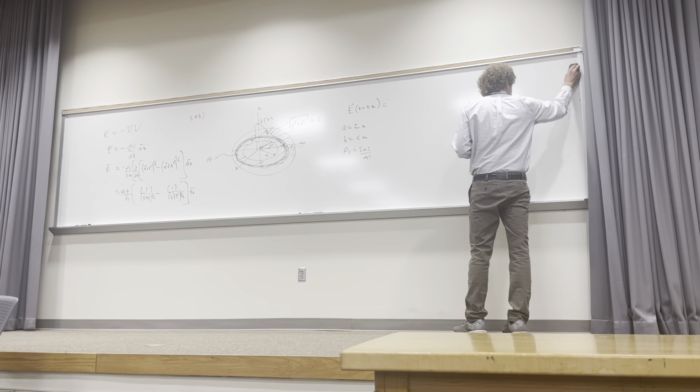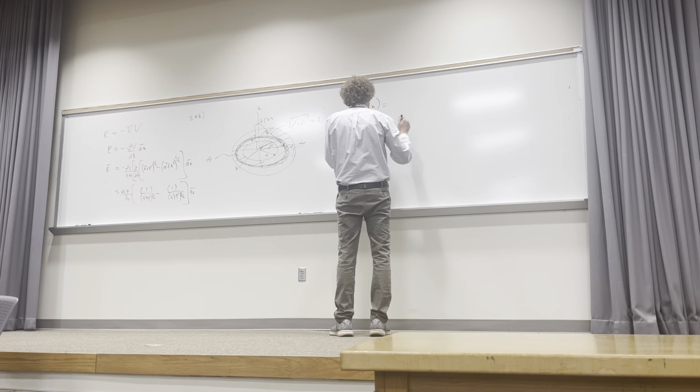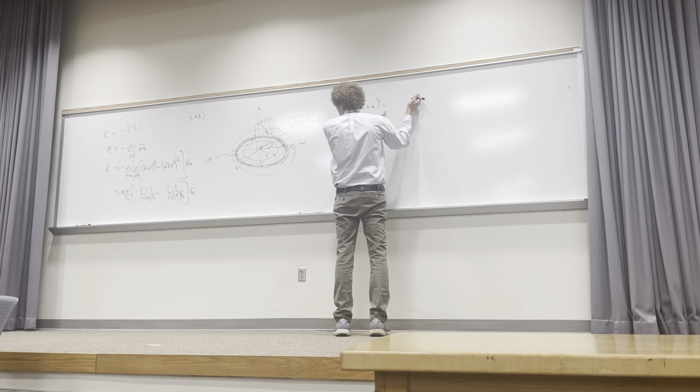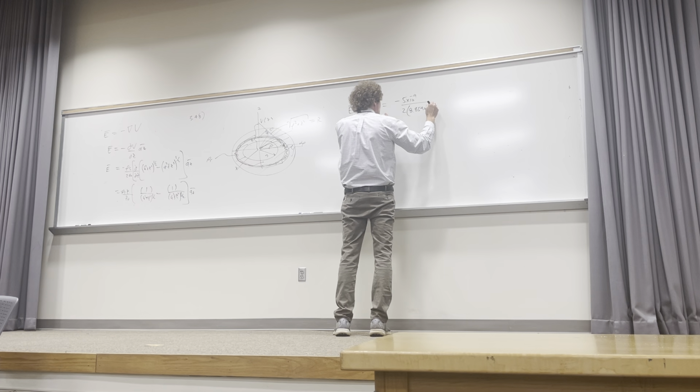Got a calculator? Check me on this, because I know they got an answer in the book. So I have minus rho S, I'll put minus 5 times 10 to the minus 9, and then it's over 2 epsilon naught. Epsilon naught is about 8.854 times 10 to the minus 12.